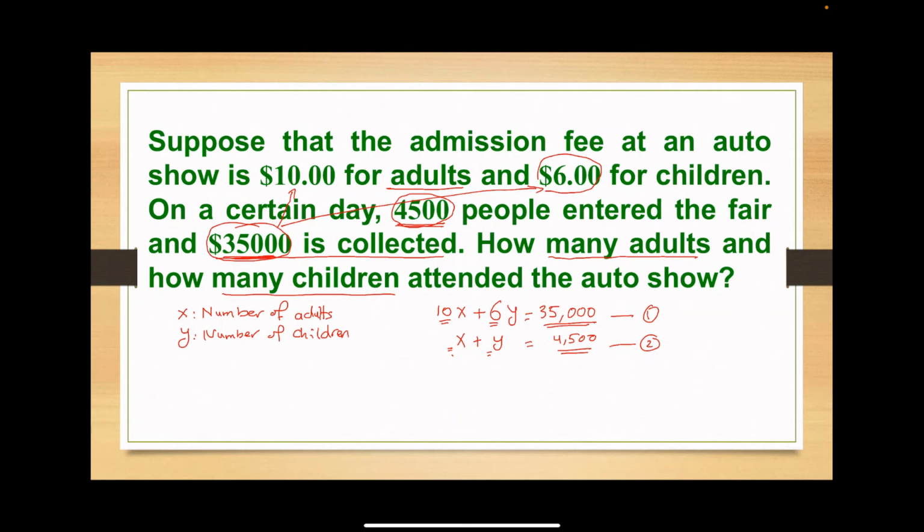So now I'll rewrite the two equations again. 10x plus 6y equals 35,000. I'll call this number 1. And x plus y is equal to 4,500.